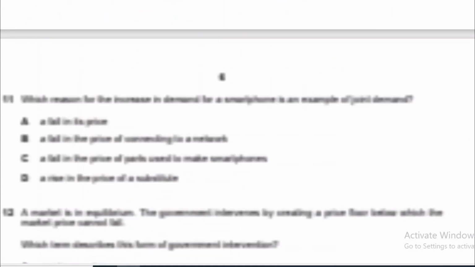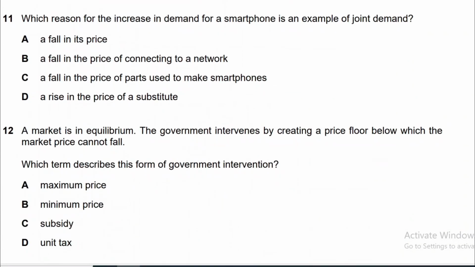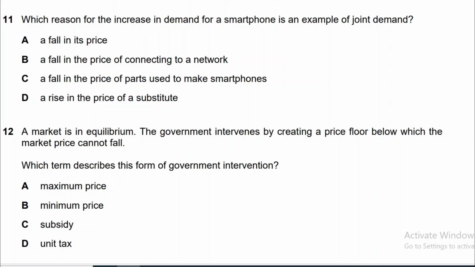And now moving to another question, question number 11. Which reason for the increase in demand for a smartphone is an example of joint demand? Right, so joint demand is basically the demand for complementary goods that are collectively demanded or purchased, such as car and petrol. If you purchase a car, then you will have to purchase petrol as well.